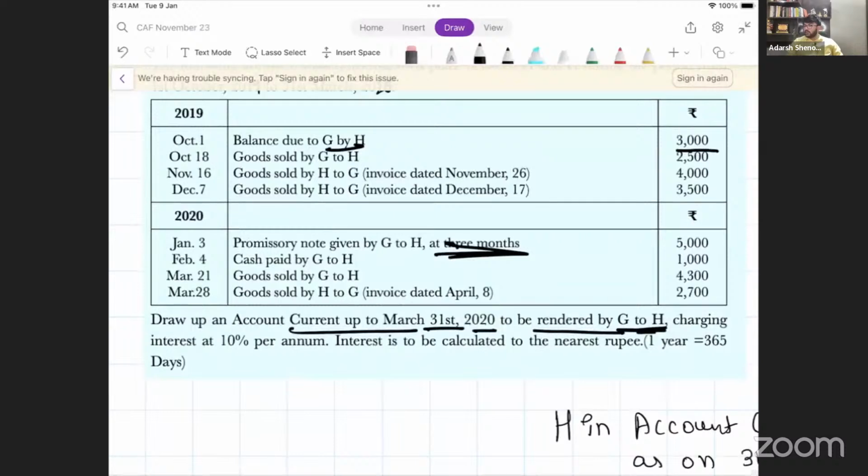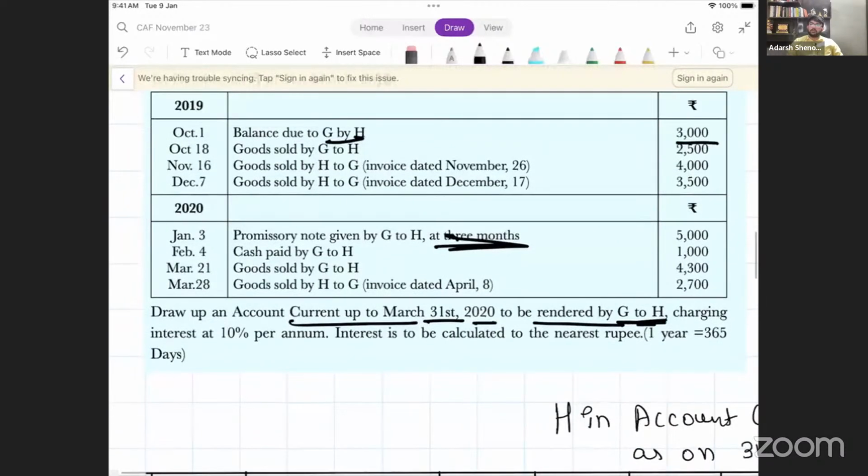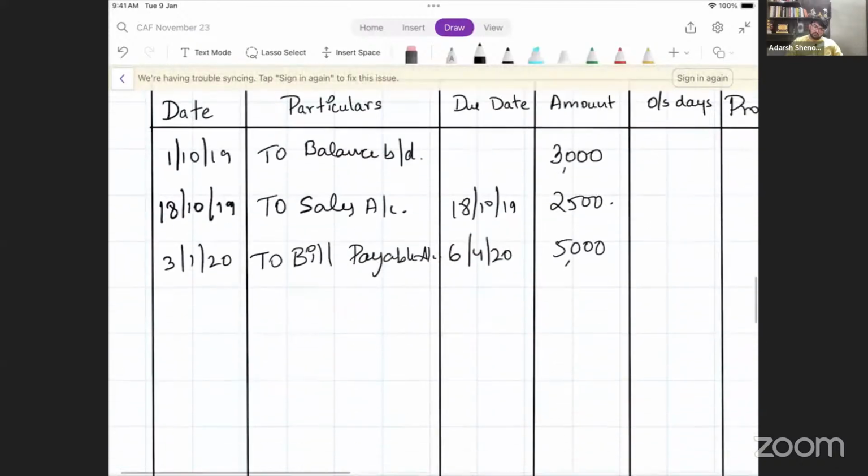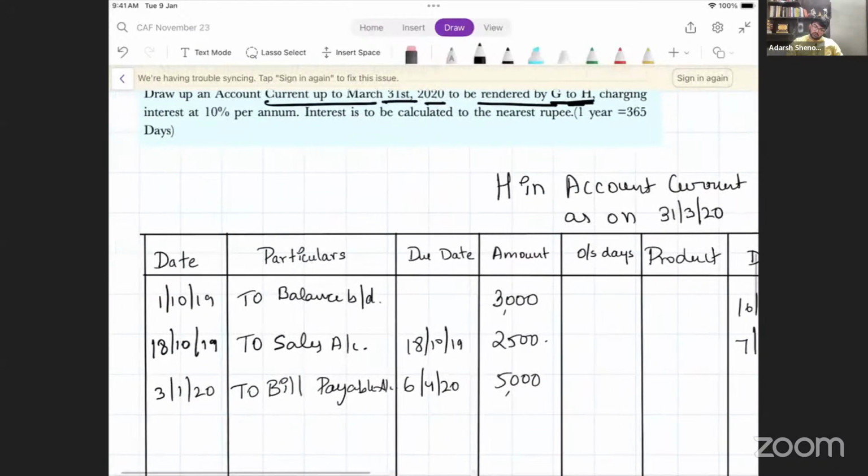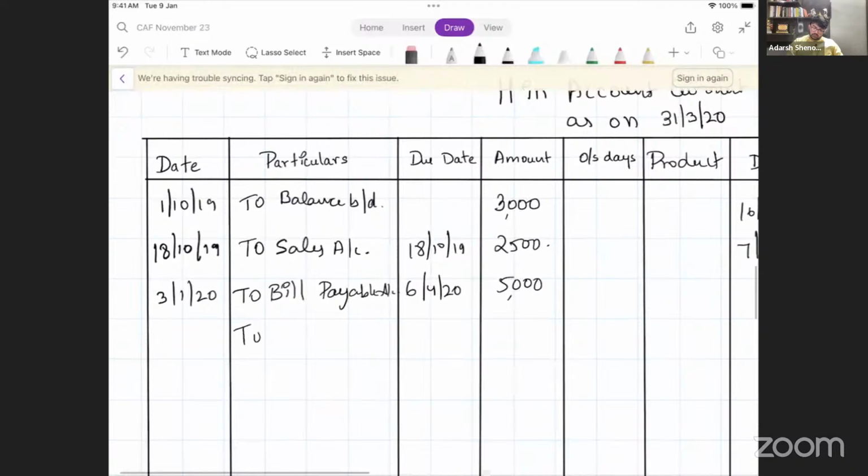Cash paid by G to H. I am making the payment, cash payment. So the journal entry for cash payment towards H is H account debit to cash account.